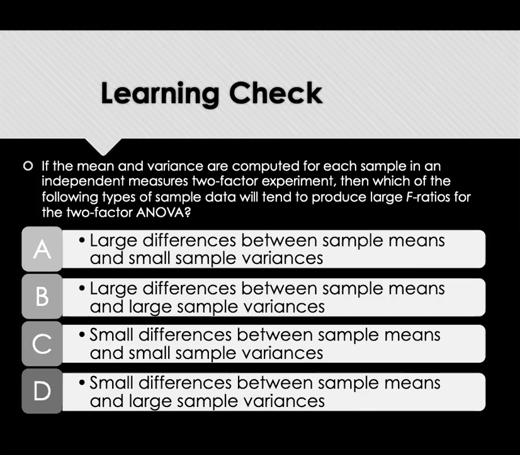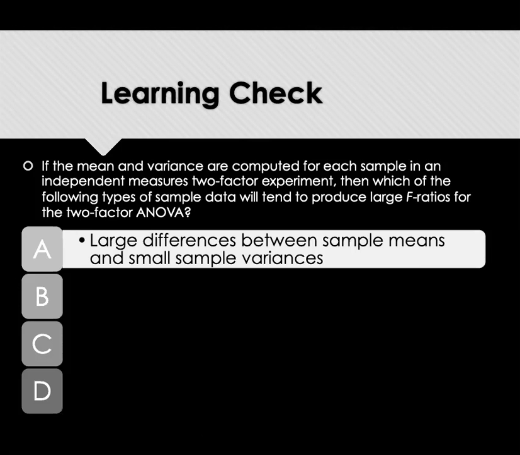And hopefully this is kind of a review. It's the same in a two-factor ANOVA as it is in a one-way ANOVA. Since the F ratio is the variance between divided by the variance within, then from a mathematical standpoint, you want a large numerator, large variance between, and a small denominator, or small variance within the samples.